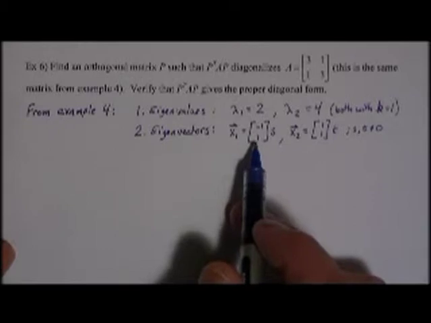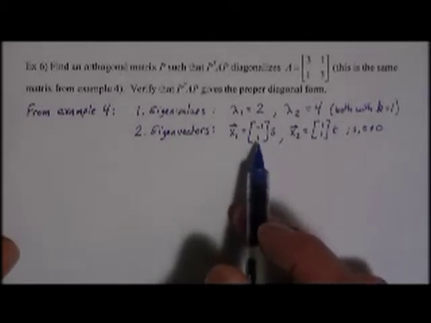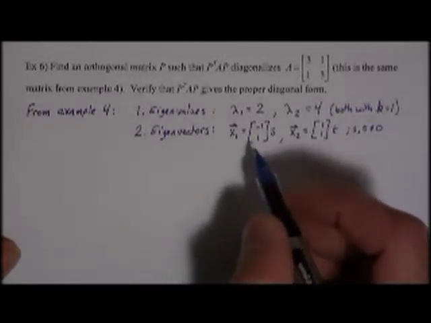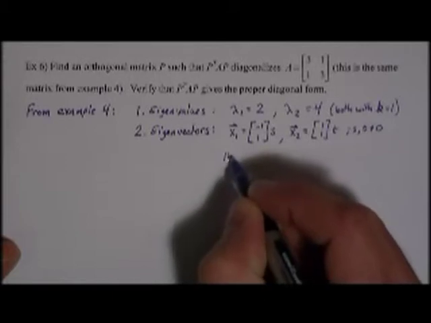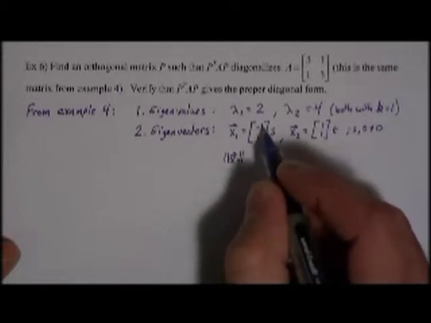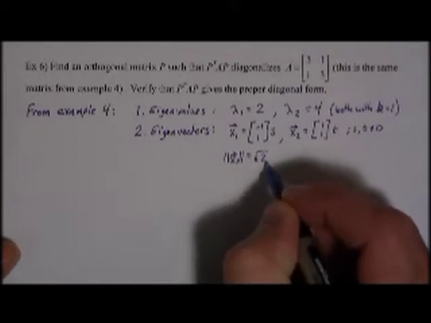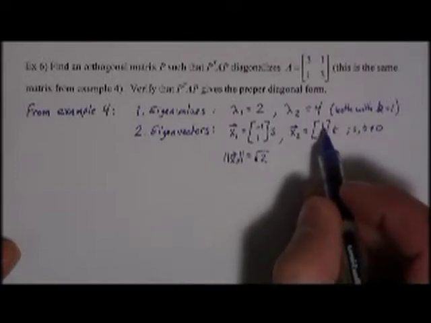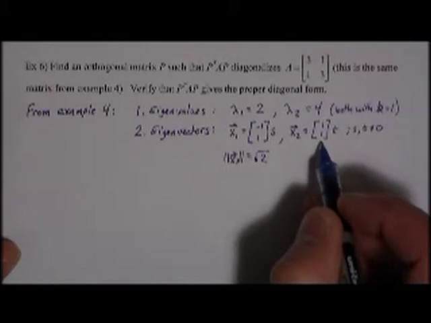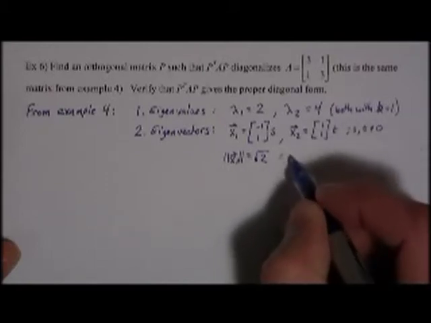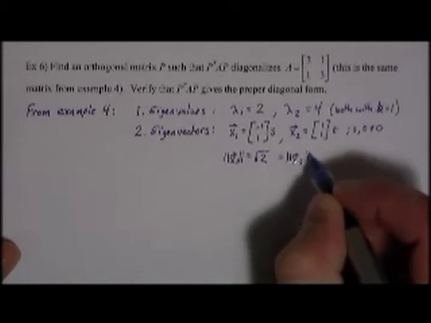So in this case for x1 we're going to choose the vector -1, 1 and normalize it. So we can see that the norm of this would be square root of 1 squared plus 1 squared, which is square root of 2, which would also be the norm of x2. If we take x2 to be 1, 1, its norm would also be square root of 2.